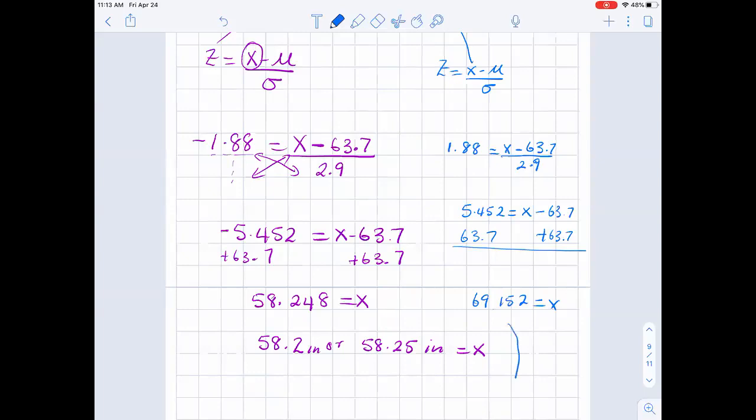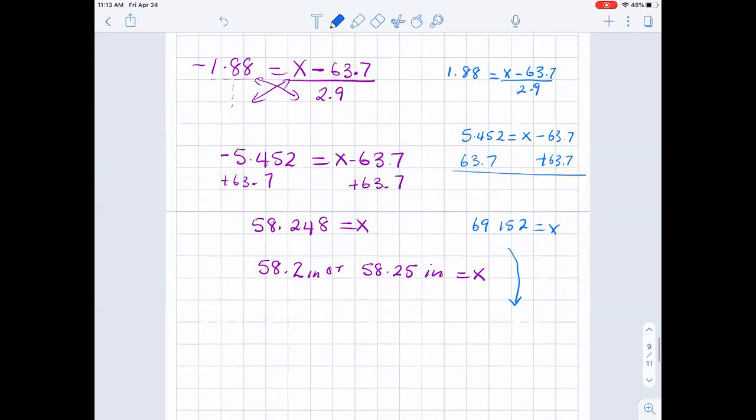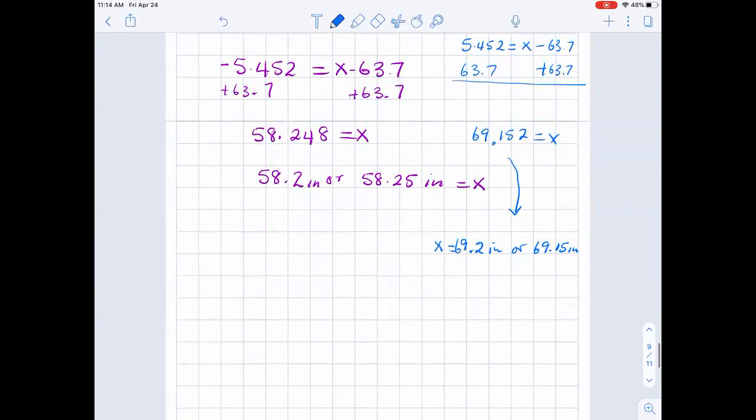So here we can say that x is equal to 69.2 inches or 69.15 inches.